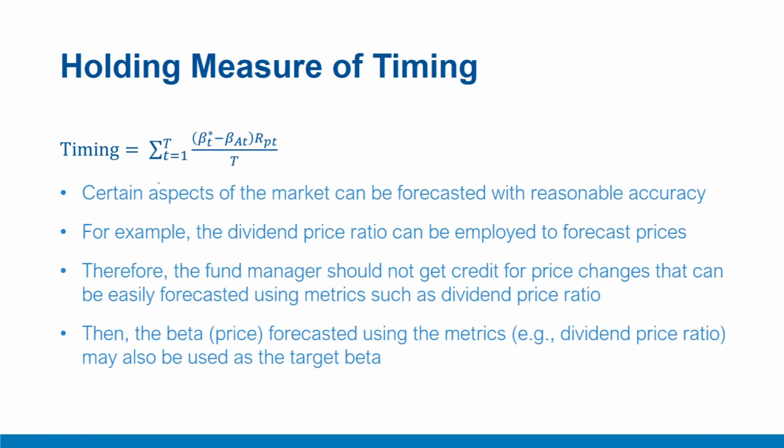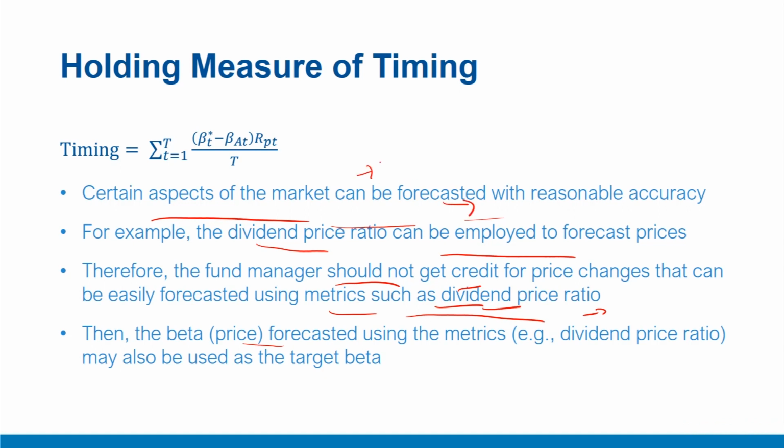It may also be noted that certain aspects of market and security prices are forecasted with some given attributes. For example, dividend price ratio can be employed to forecast prices. And therefore, a manager should not get any credit for such prediction, where the price changes can be forecasted with metrics like dividend price ratio or price to earning ratio. So the beta forecasted using such attributes or parameters can also be employed as a target beta.